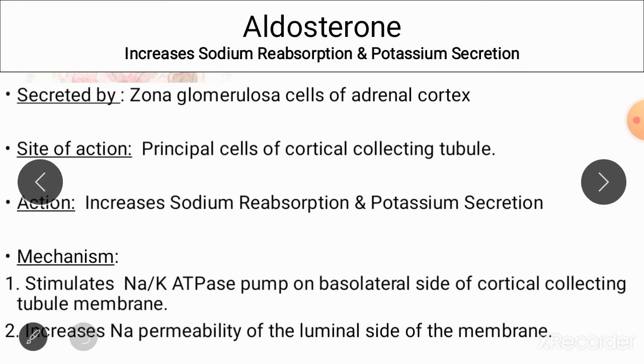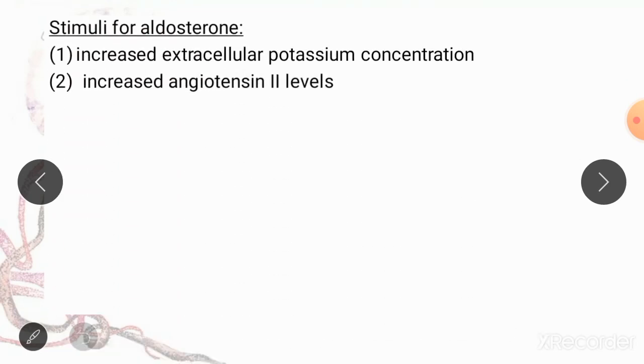So aldosterone, as it acts on the principal cells, is also responsible for increased sodium reabsorption and increased potassium secretion. The stimulus for aldosterone is increased extracellular potassium.